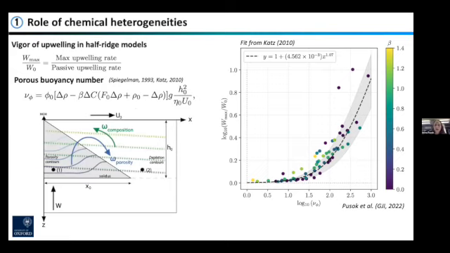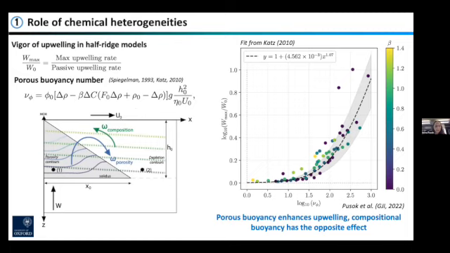It turns out that for this case, where I was comparing the effect of porous buoyancy and compositional buoyancy, they actually have opposite effects. Porous buoyancy tends to enhance upwelling, while compositional buoyancy tends to create a stable stratification in the lithosphere, which stabilizes convective flow.